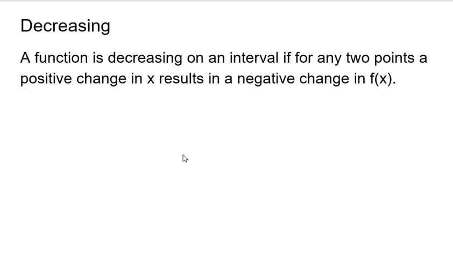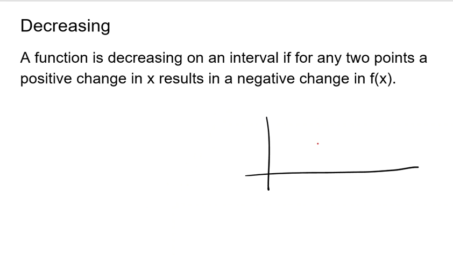A function is decreasing on an interval if for any 2 points a positive change in x results in a negative change in f of x. So we're always looking at a positive change in x.